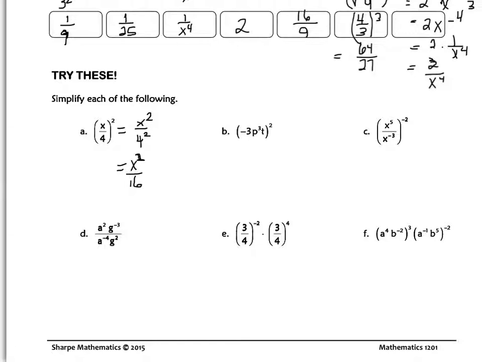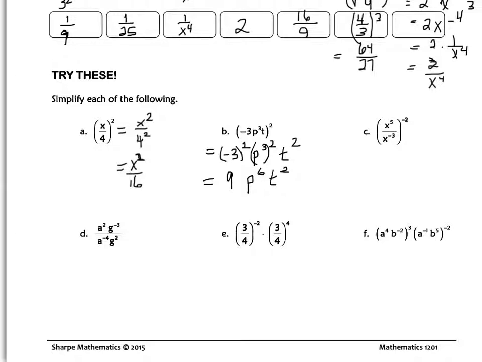The next one is a power of a product, so you can bring that power inside to each part. So the negative 3 would get squared, the p cubed would get squared, and the t would be squared. So negative 3 squared would be 9. P cubed squared, you multiply the exponents, so that would be p to the 6, and t squared.